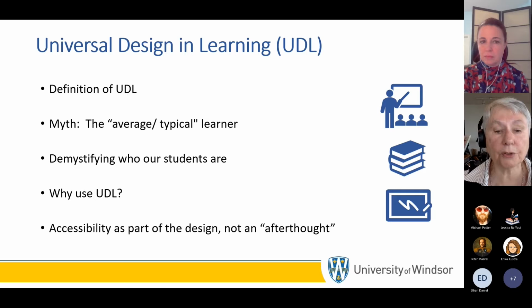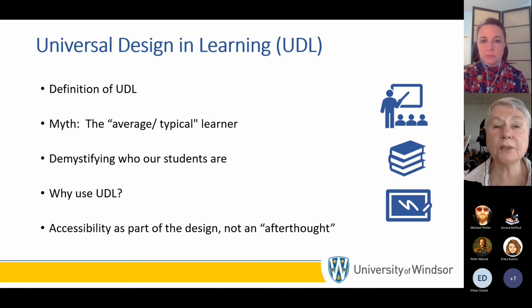Students have demands associated with sensory and physical abilities, which Sherry referred to, emotional and behavioral challenges, learning difficulties, and English language barriers, and the list could be incredibly long. So when we demystify who our students are, and it's really important that we take some time to do this, how do they best learn?